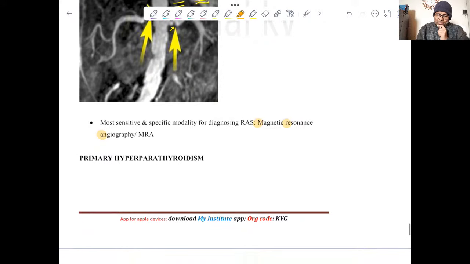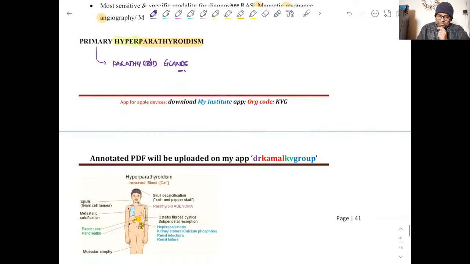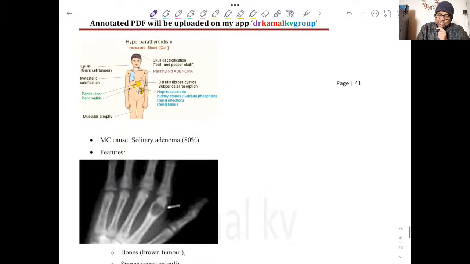Moving to primary hyperparathyroidism. Now, when we use the word primary, it means we are talking about parathyroid glands only, because it can be secondary when it involves other areas. So this is parathyroid, and here it is because of a solitary tumor of the parathyroid.